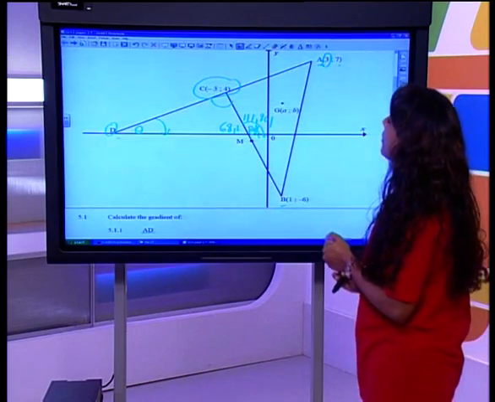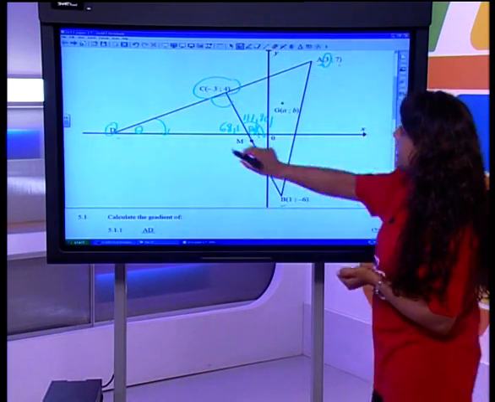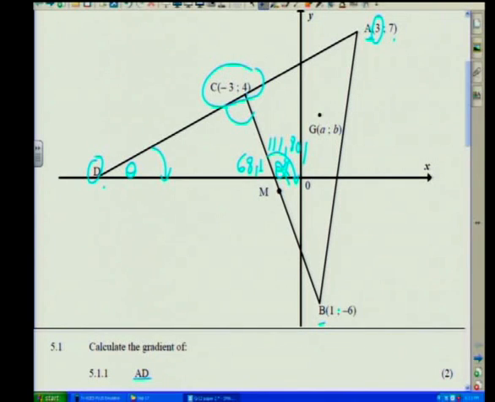Okay, all right, so now that we've got this angle alpha, to get angle DCB, we can use the exterior angle of a triangle is equal to the sum of the interior opposite angles. So therefore I can say that alpha is going to be equal to theta plus DCB, because of the exterior angle of a triangle.